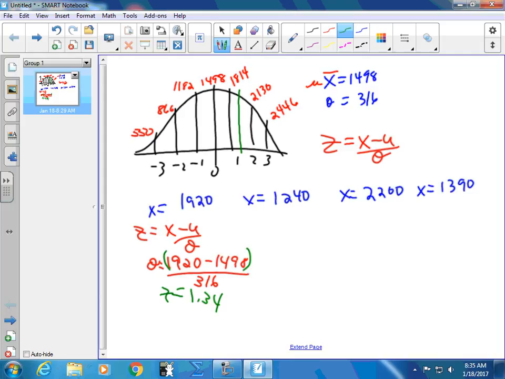What's the area under the curve? What does your chart say? 1.34. 0.9099.